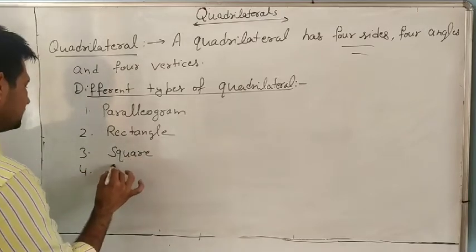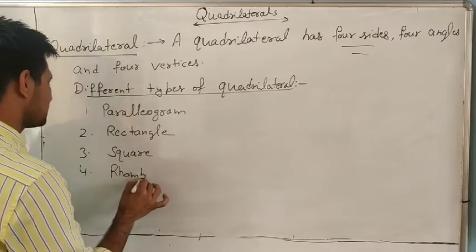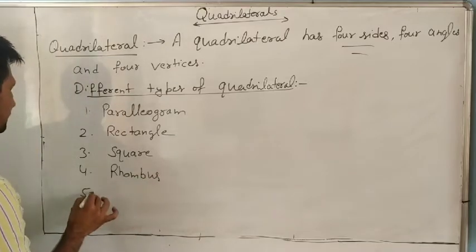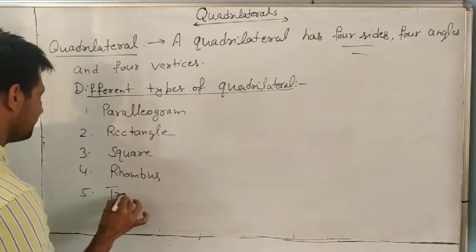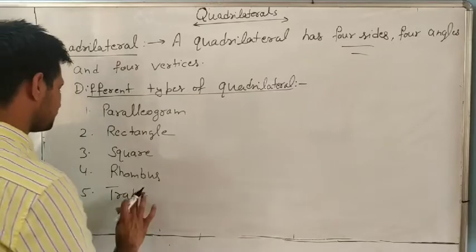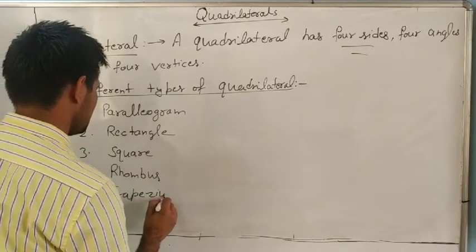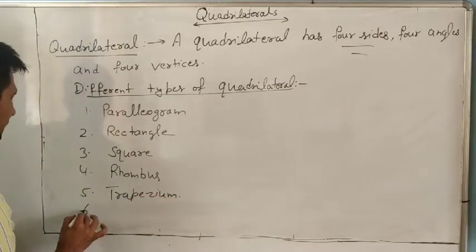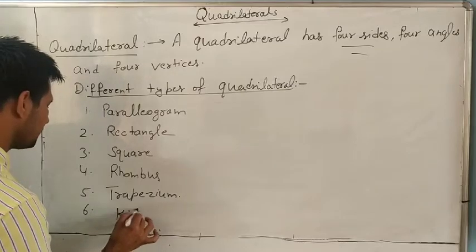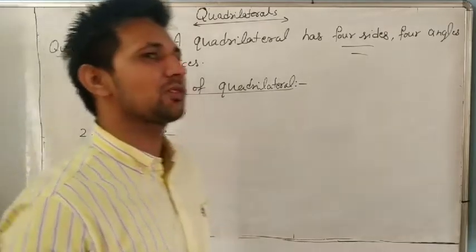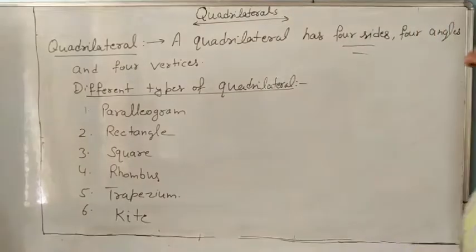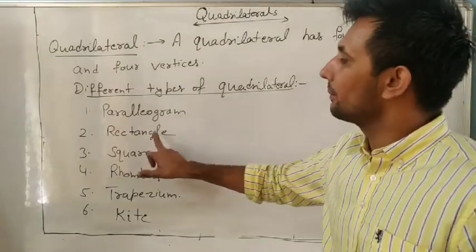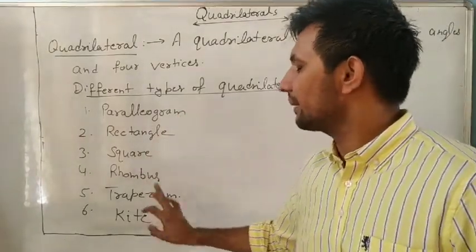Fourth is rhombus. And fifth is trapezium. These are the 5 types. One more, kite. These are the 6 types of the quadrilateral. But in this chapter we will discuss only 5: parallelogram, rectangle, square, rhombus, and trapezium.